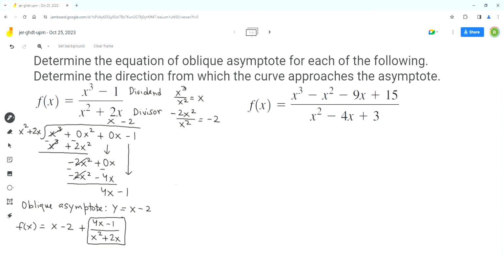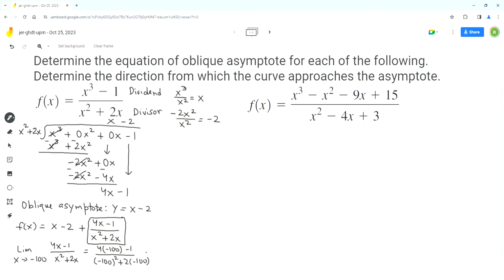So now we can do the limit calculation. Limit as x approaches -100. We have to use a number on the left side of the x-axis. So (4x minus 1) over (x squared plus 2x). Now we can apply the limit: 4 times -100 minus 1 over (-100) squared plus 2 times -100.